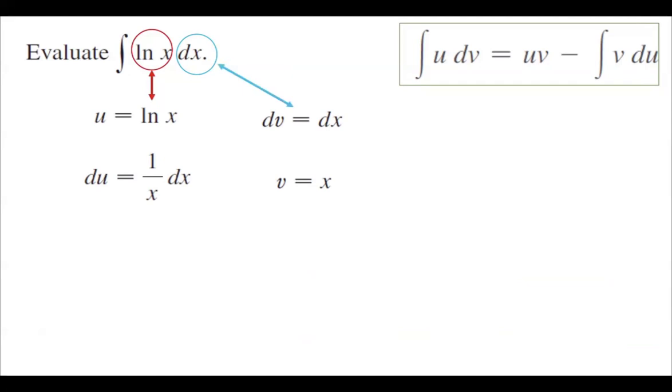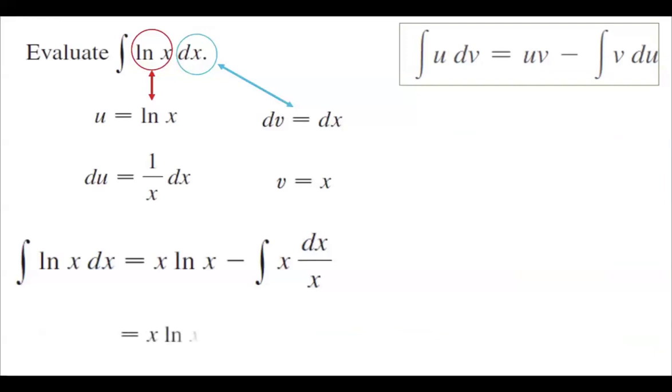Now that we have all the missing information, we can follow the formula. The integral of ln of x dx is uv, which is x times ln of x, minus the integral of v du. V is x, and du is dx divided by x. But these two cancel out.